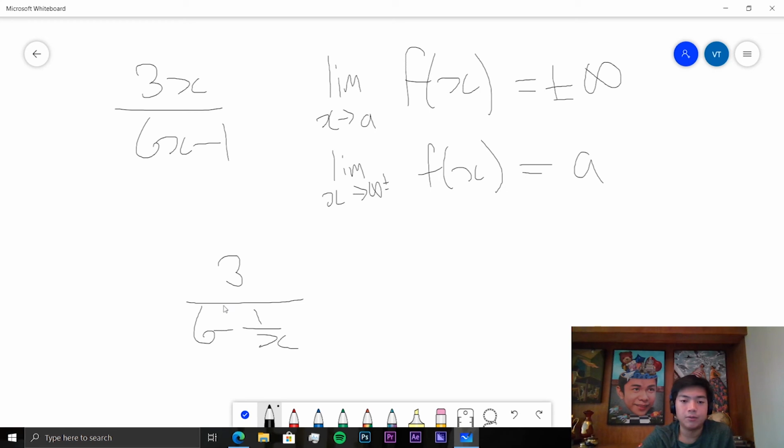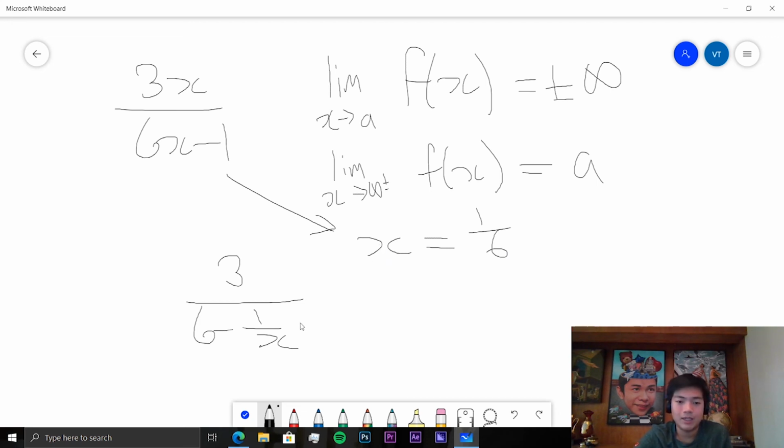Actually, sorry, this is solving for the horizontal asymptote. For the vertical asymptote, the limit must be equal to plus or minus infinity, and so we can simply look at the denominator. When does 6x minus 1 tend to 0, which makes the entire expression tend to infinity? It's when x is equal to 1/6. So this will be a vertical asymptote of this graph.